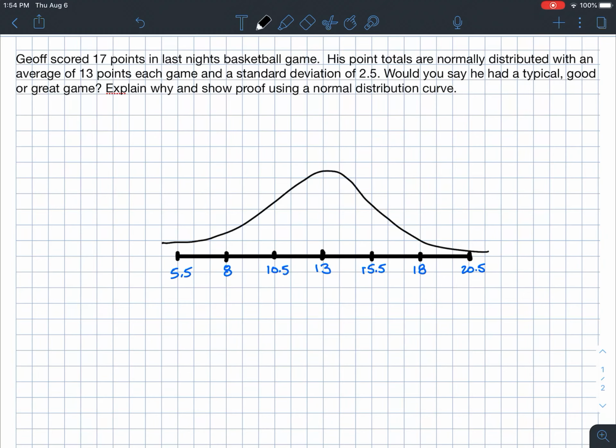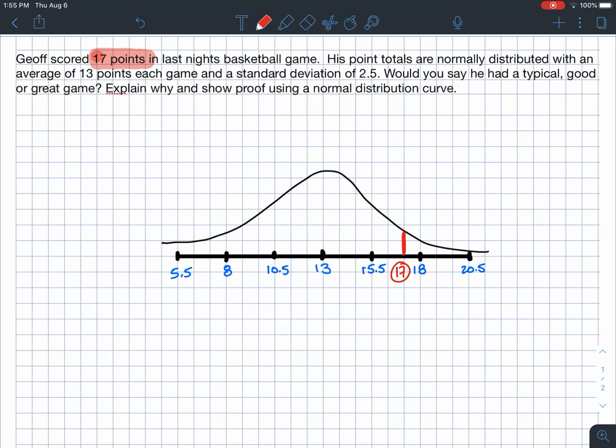Okay, so on this night, he scored 17 points. So we're looking at this right here, the 17-point game he had. Well, unfortunately, 17 actually does not fall anywhere on this line that we have for these numbers that are on the standard deviations. 17, by our guess, would probably be about right here, if we're estimating.